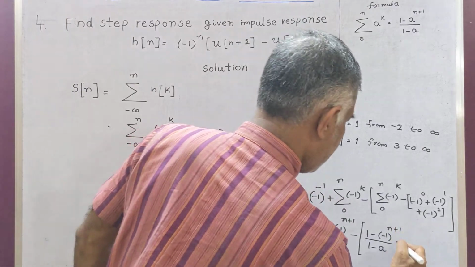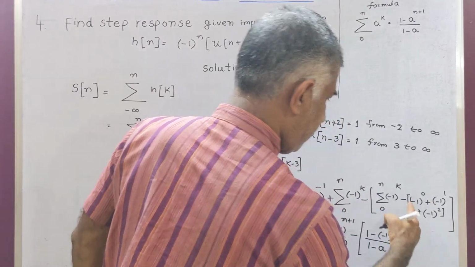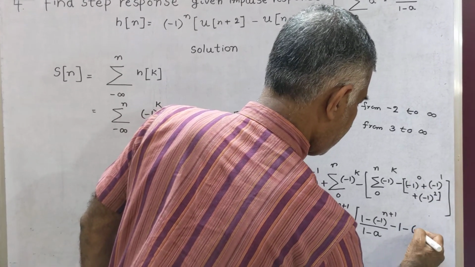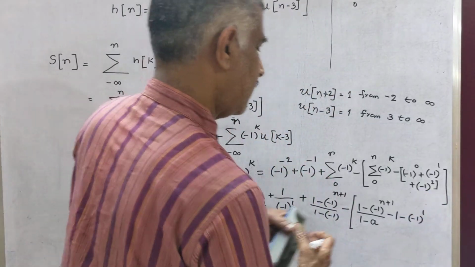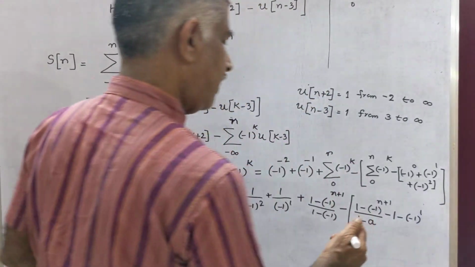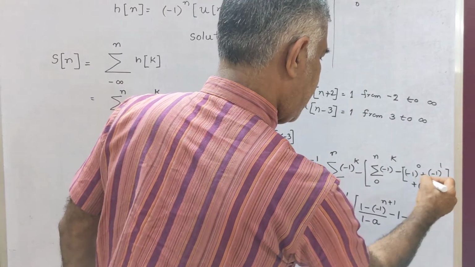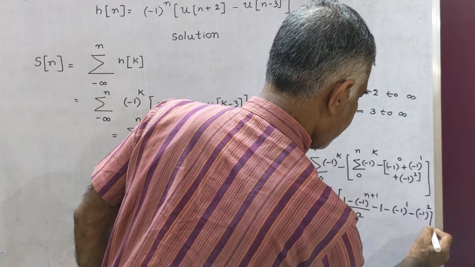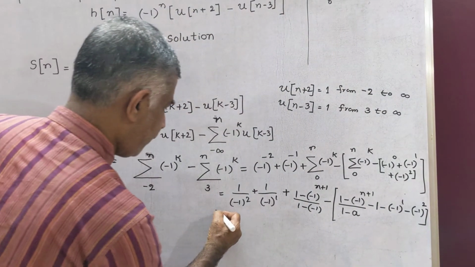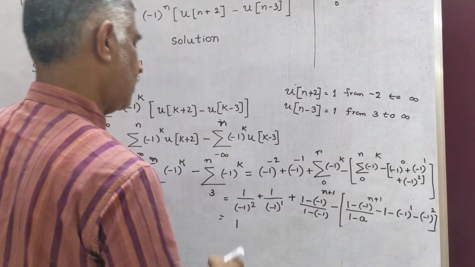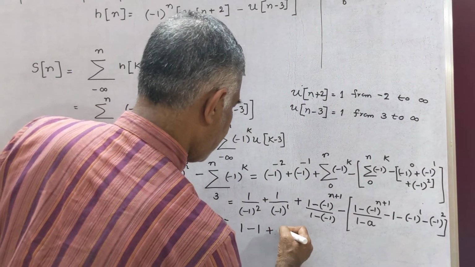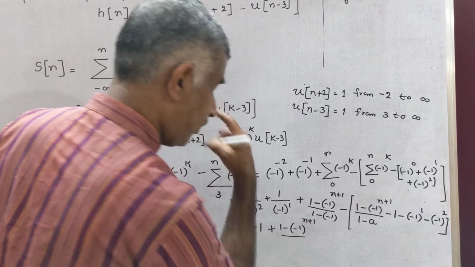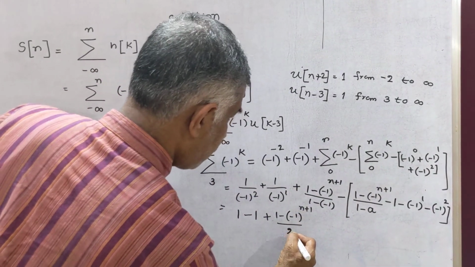Next, minus 1 to the power of 0 is 1. Next, minus 1 to the power of 1, that is minus 1. Next, minus of minus 1 squared equals 1 minus 1 plus 1 minus of minus 1 to the power of n plus 1 divided by 1 plus 1, that is 2.